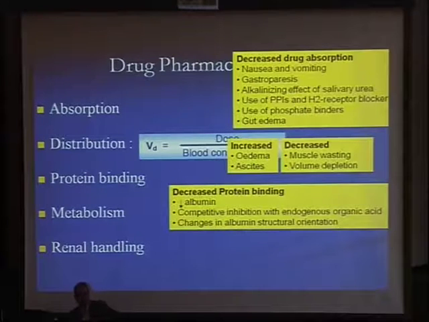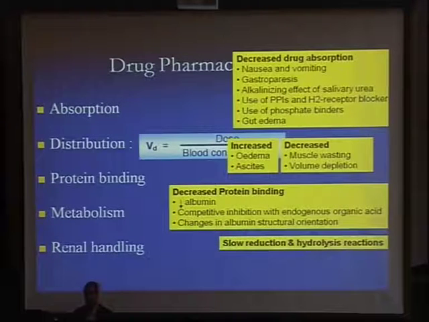There is going to be a reduction in the protein binding because we have reduced albumin because of malnutrition, infection, etc. And because we have competitive inhibition with endogenous organic acids which accumulate in uremia, and because we have changes in albumin structure and orientation, again reduced by uremia. So protein binding will be reduced.